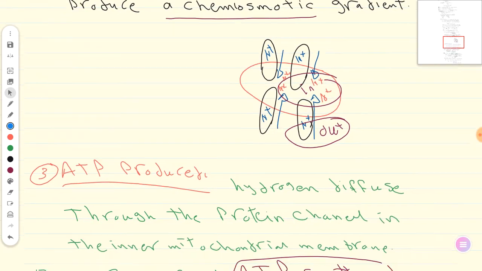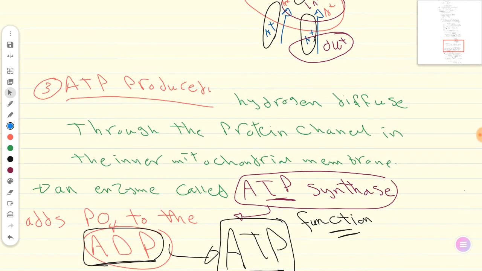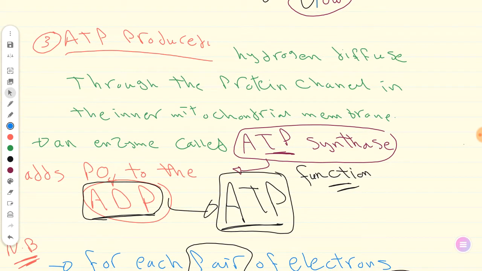And the third step, the production of ATP. So the hydrogen which diffused in the last step from outside to inside the mitochondrial membrane diffuses through the inner mitochondrial membrane, and an enzyme used for making ATP, this enzyme called ATP synthase.